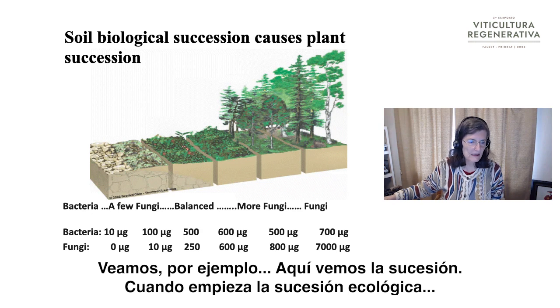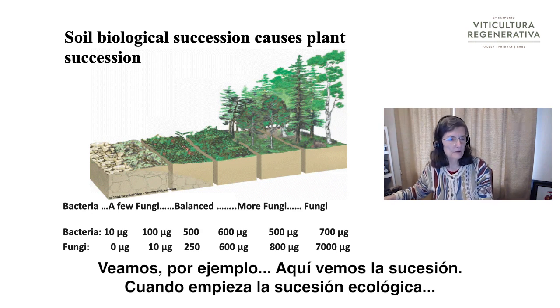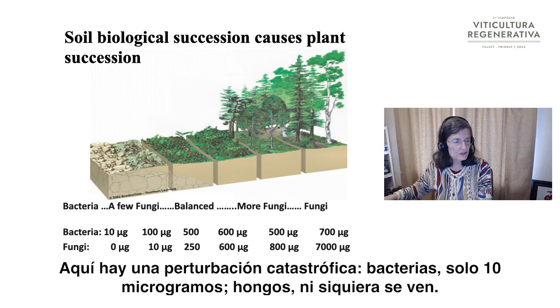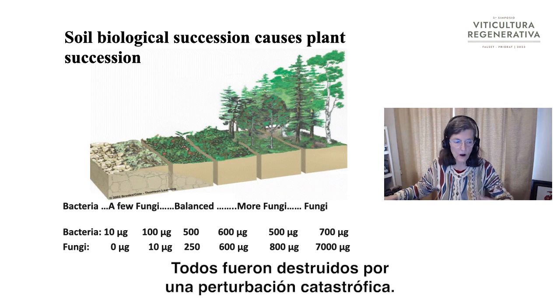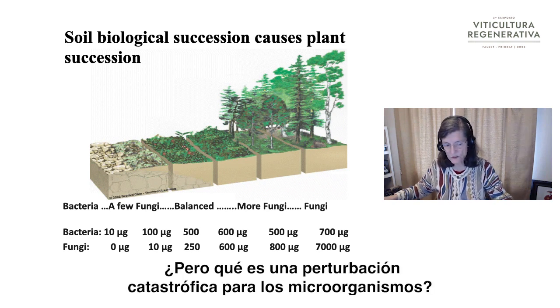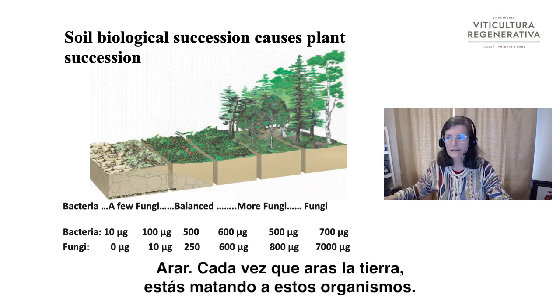So looking at, for example, we're looking at succession here. And when we first start in succession, catastrophic disturbance here. The bacteria, only 10 micrograms. Fungi, can't even be found. They were all destroyed by whatever catastrophic disturbance occurred. So what's a catastrophic disturbance for microorganisms? Tilling.